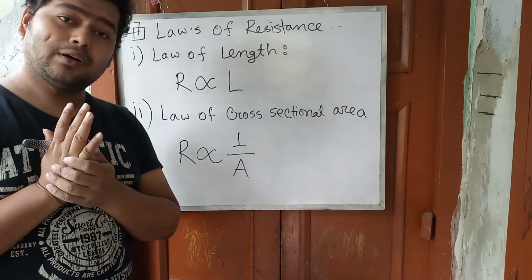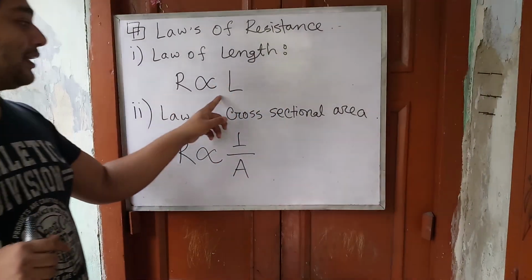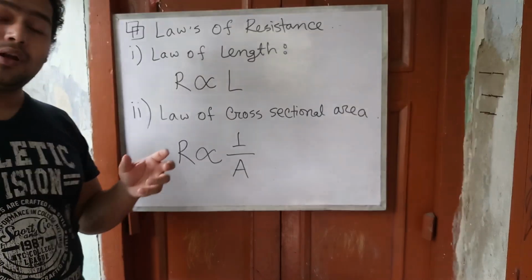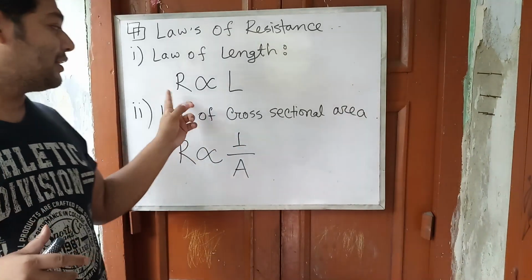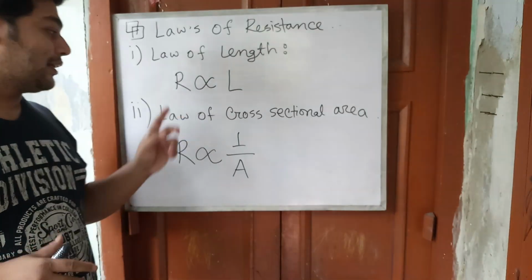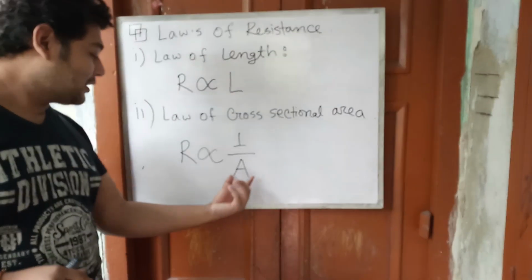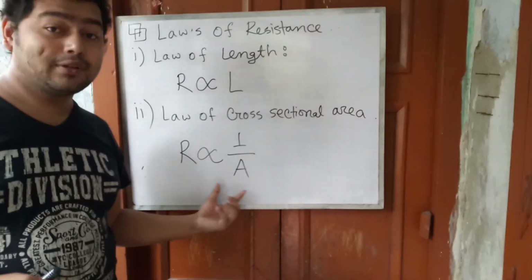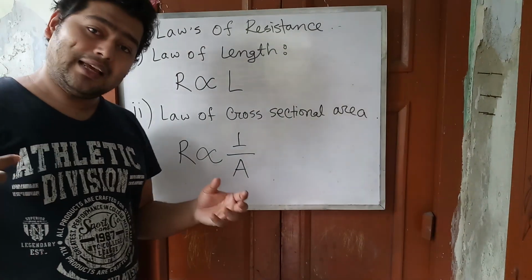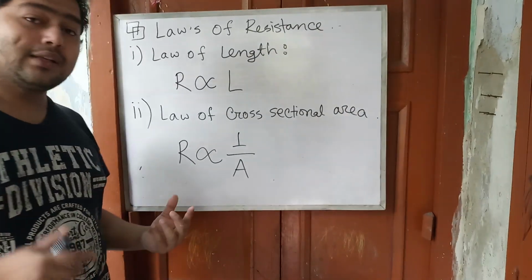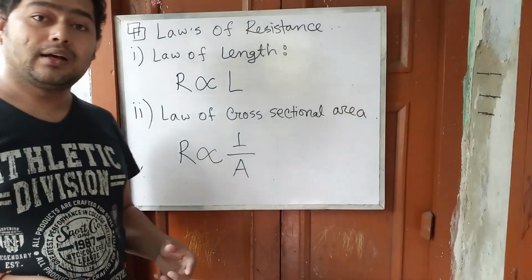Resistance depends on four things. One is the length. If length is increased, then resistance will also increase, and if length is decreased, then resistance will also decrease. Since the cross-sectional area is inversely proportional to the resistance, if the cross-sectional area is increased, then the resistance of the conductor will be decreased.